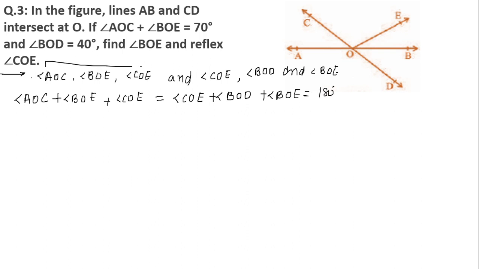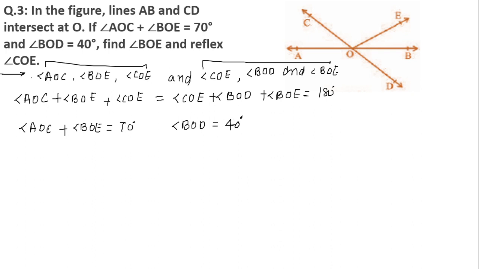So for this group and for this group of angles, the sum is also going to be 180 degrees, which I have mentioned here. Okay, now if we substitute the values, that is angle AOC plus angle BOE is equal to 70 degrees as per the given question, and angle BOD is equal to 40 degrees. This is the data given in the question.